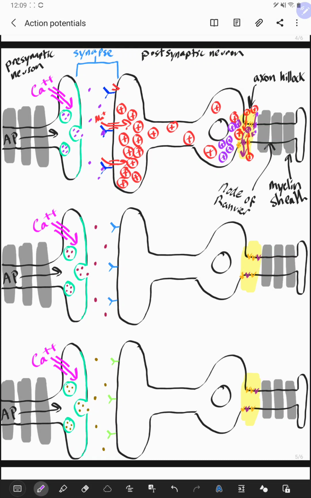The neurotransmitters are typically specific to specific receptors, and when they bind to the receptors, they're going to interact with these ligand-gated ion channels.